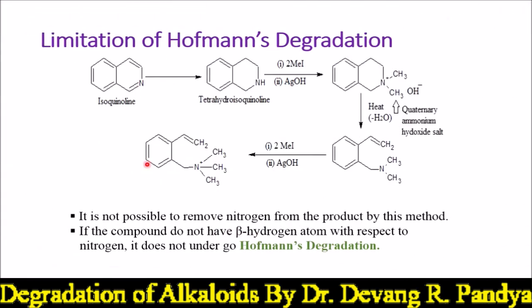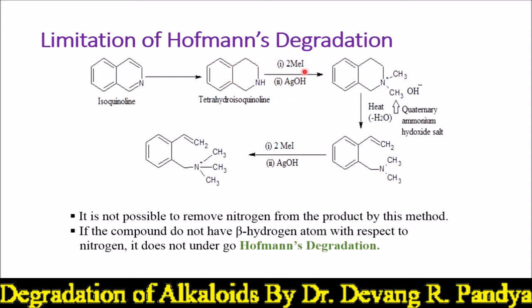Again, we have already discussed the limitation of the Hofmann degradation process. A simple example has been taken for isoquinoline, and on treating this isoquinoline with hydrogen and nickel, reduction is carried out and dihydroisoquinoline is obtained.